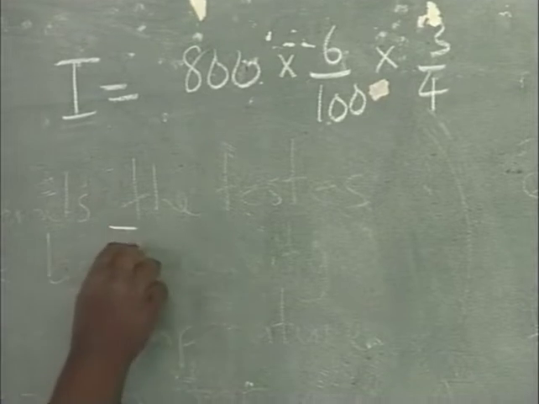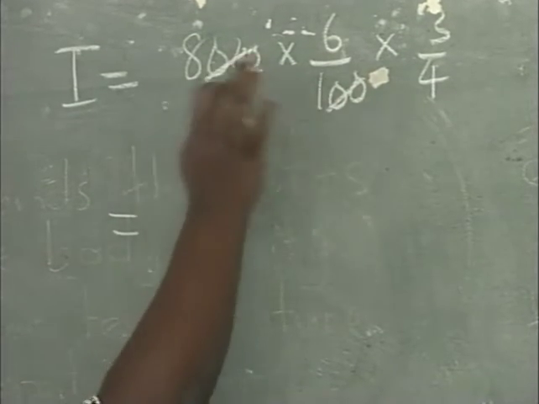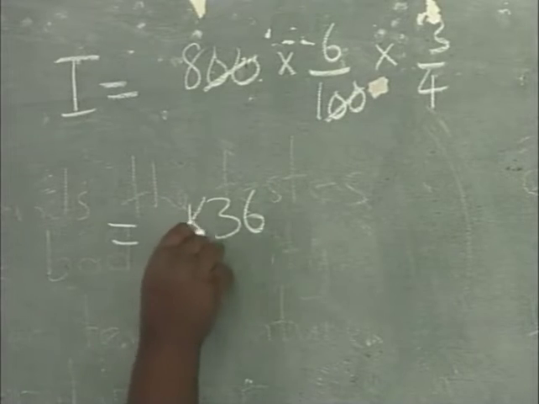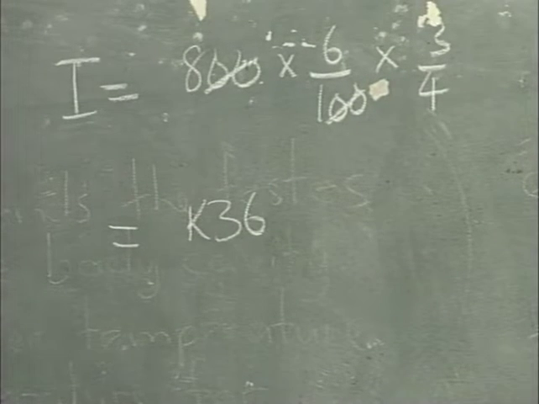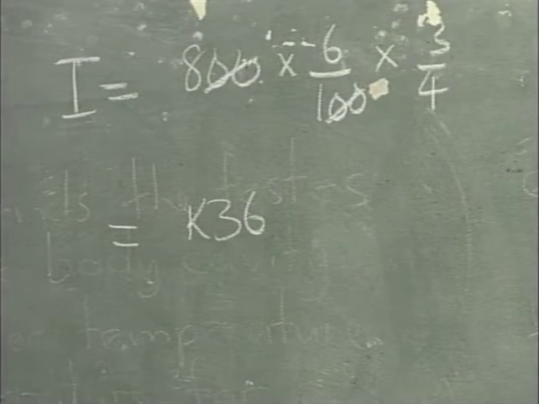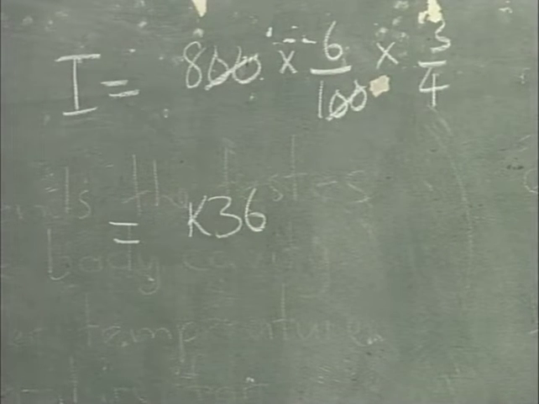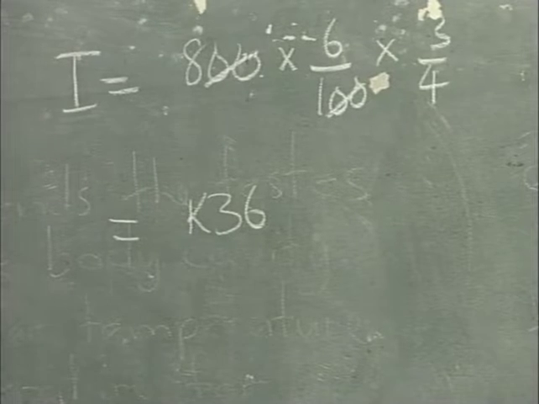So we get 48 divided by 4 is 12. 12 times 3 is 36 kina. That's interest. But we have to add it on to the principal to find out how much this man has to pay back in 9 months.